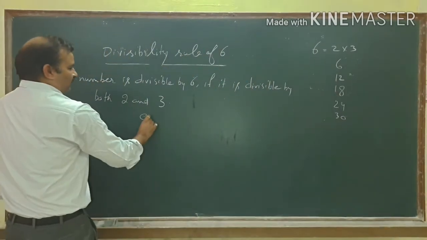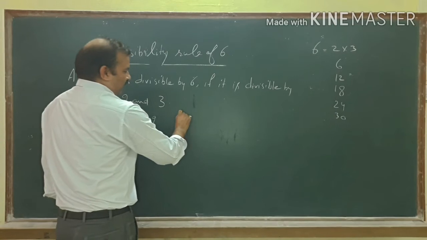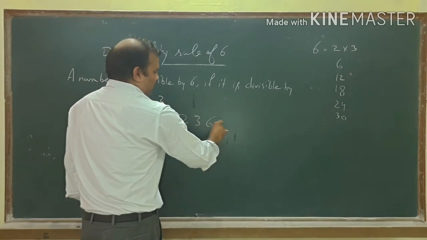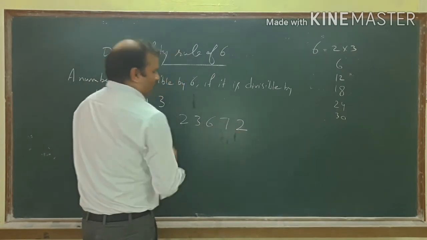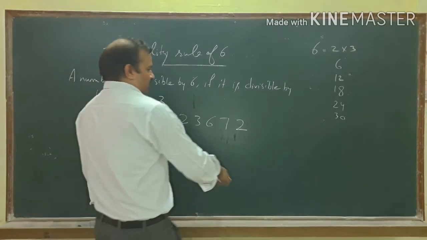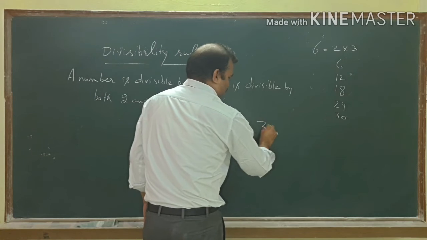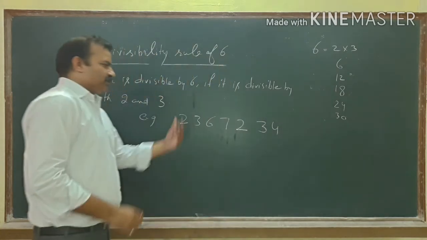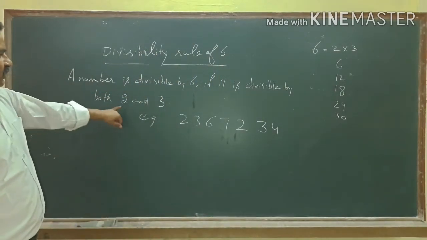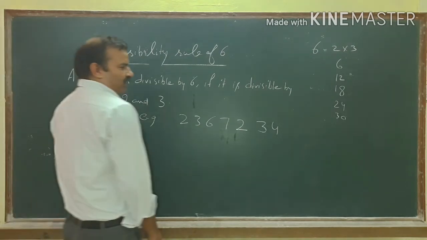If we take this example, 236724, this much big is the number. First of all, we have to check the divisibility rule by 2.